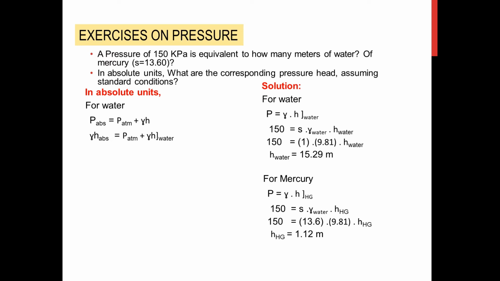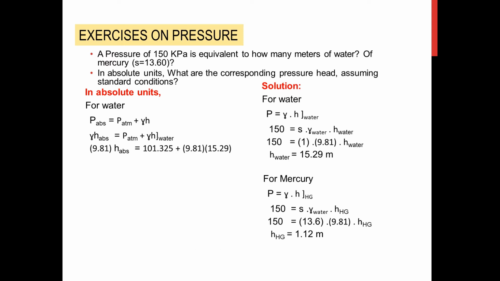So with that, we can substitute gamma h absolute for pressure absolute, and we maintain atmospheric pressure, and add on gamma h of water.